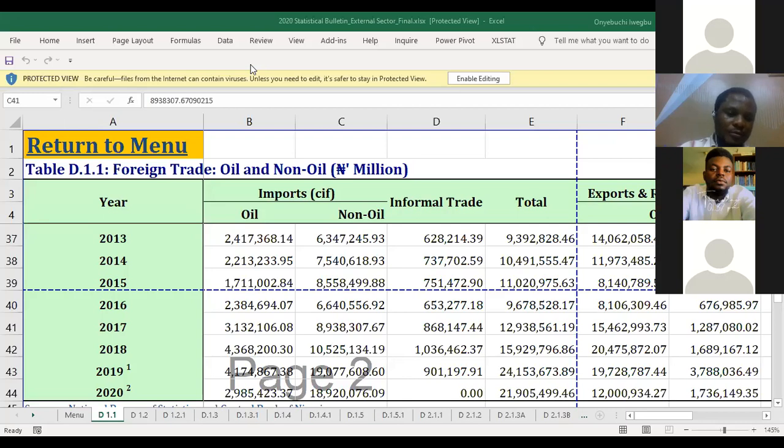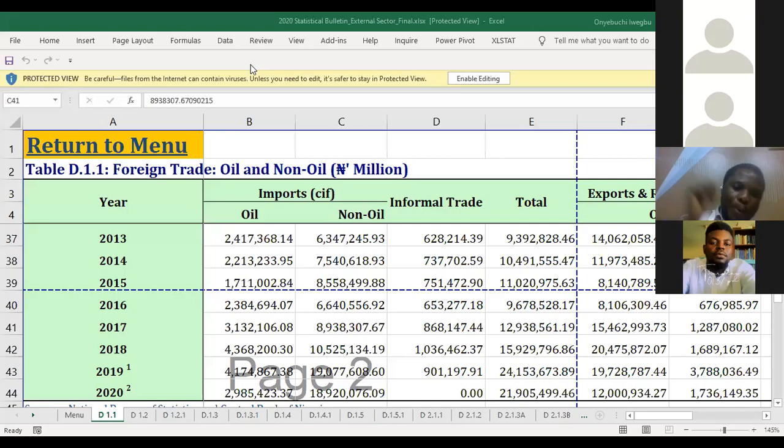For instance, the oil imports. The question is, what can you say about the nature of Nigeria's import as an aspect of openness in the goods market?